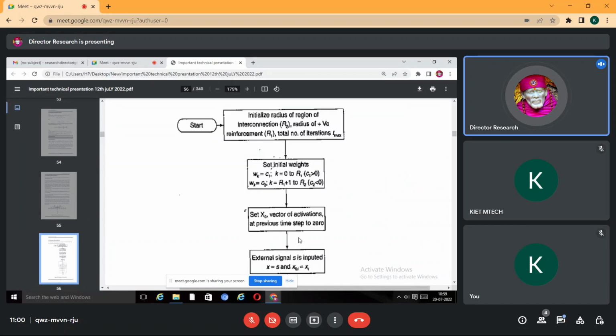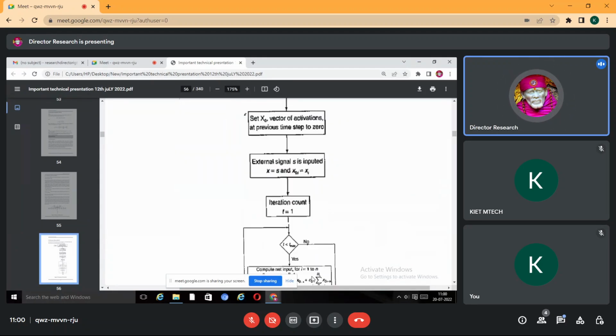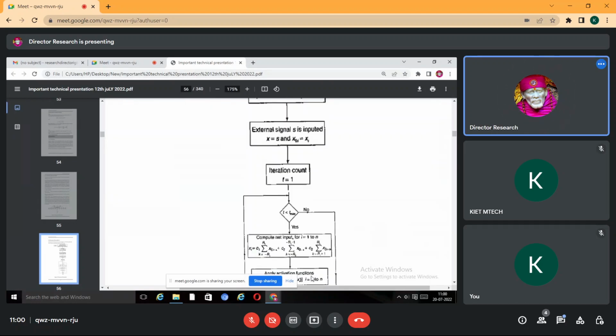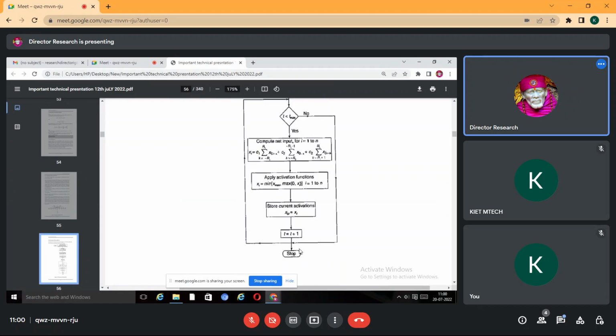Set the vector and architecture. External signal input. Iteration curve. Equation sets the series flow. Apply the activation functions. Store the recurrent activations.